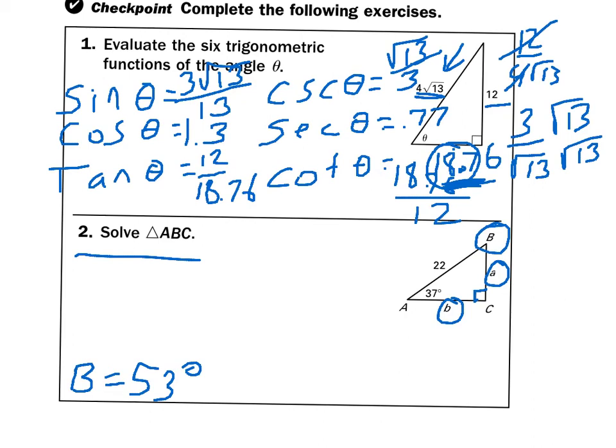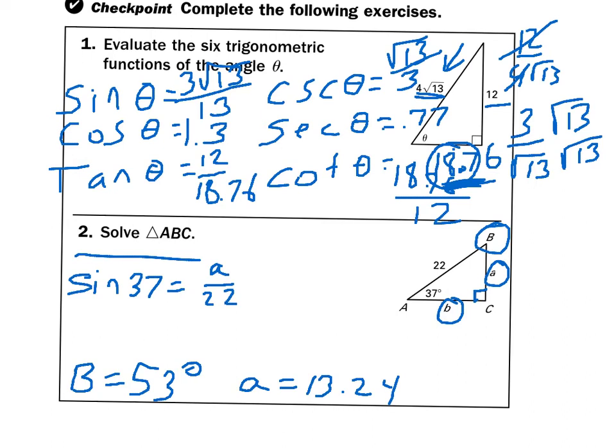What I might want to do first is the sine of 37 equals the opposite, a, over the hypotenuse. So if I do the sine of 37, I get 0.6018, and then I times it by 22, I get 13.24. So little a equals 13.24. And then I probably would just do the Pythagorean theorem at this point.